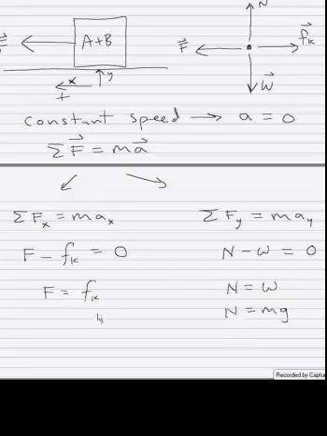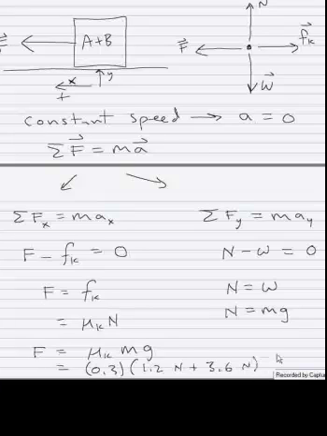The friction force is mu times the normal force. So F is going to equal mu times m times g, and that's 0.3 times 1.2 newtons plus 3.6 newtons, which is 1.44 newtons.